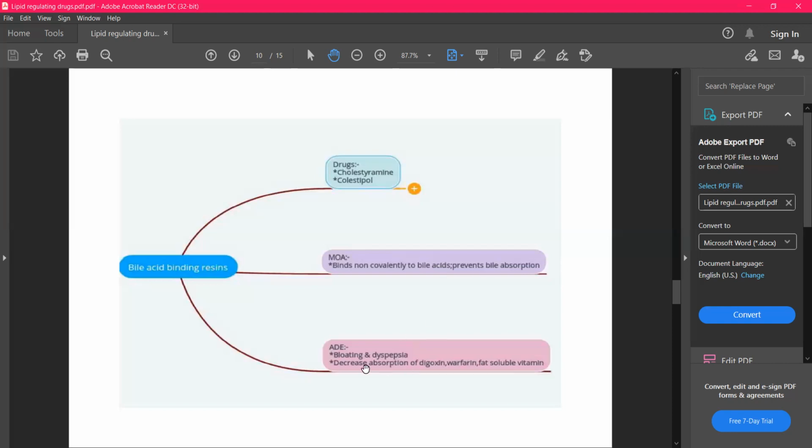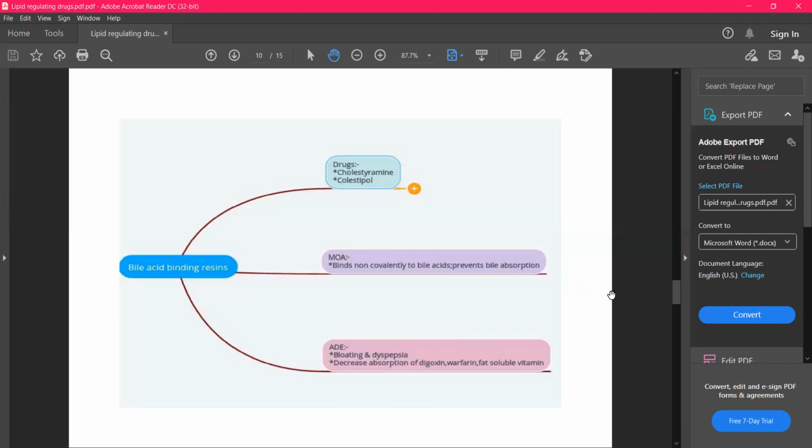But the important one is that resins can bind to several medications, okay, and reduce their absorption as well. For example, digoxin, warfarin, fat soluble vitamins, as I told you before. The absorption of these things gets reduced as well.